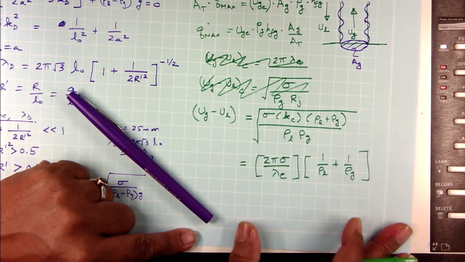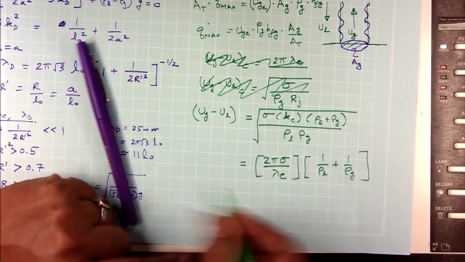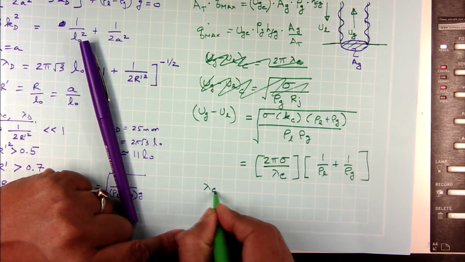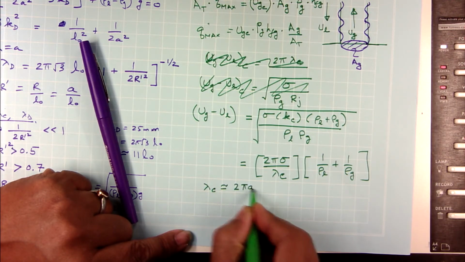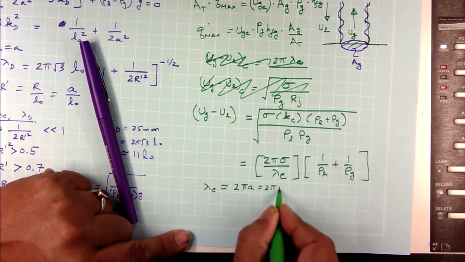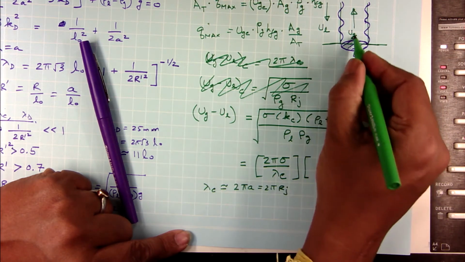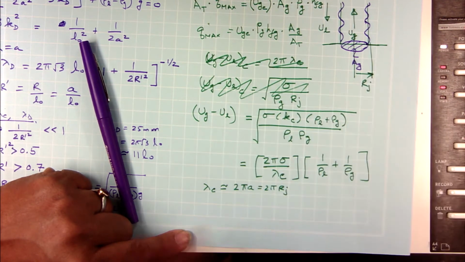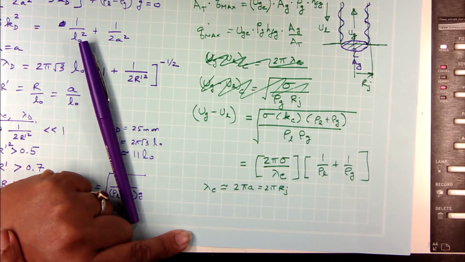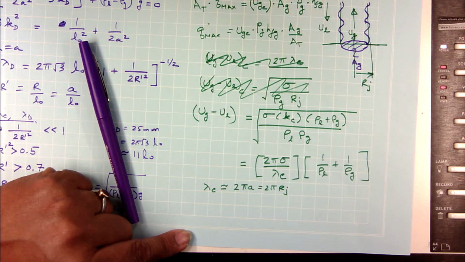Okay. The other thing we derived, from the cylindrical coordinates, was that lambda c was equal to 2 pi a, or 2 pi radius of the jet. If I look at it, this is the radius of the jet, isn't it? And we said that the critical instability wavelength was the circumference of the jet. Remember that, right?